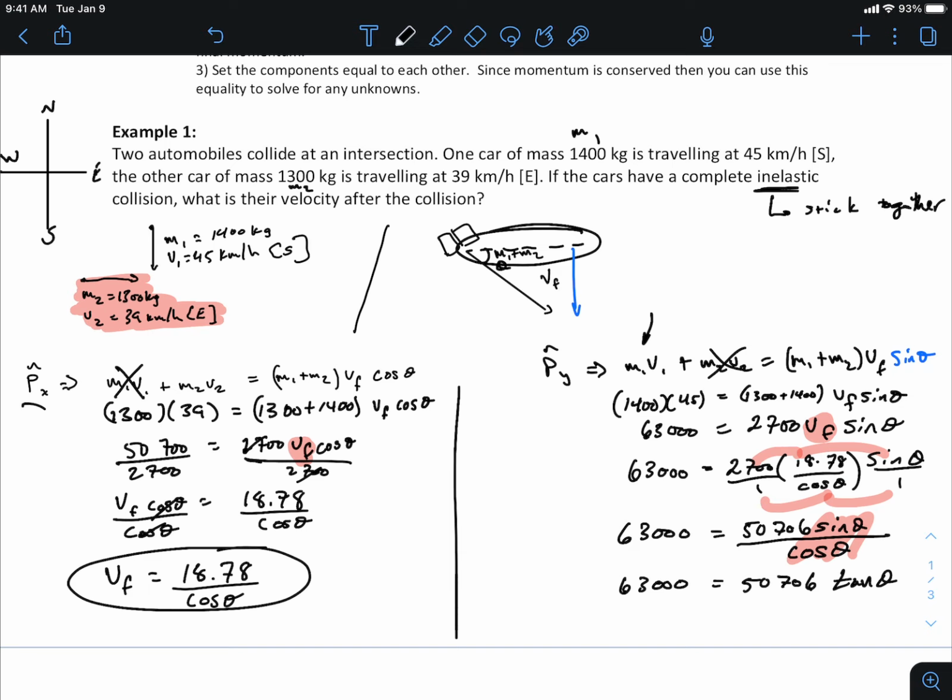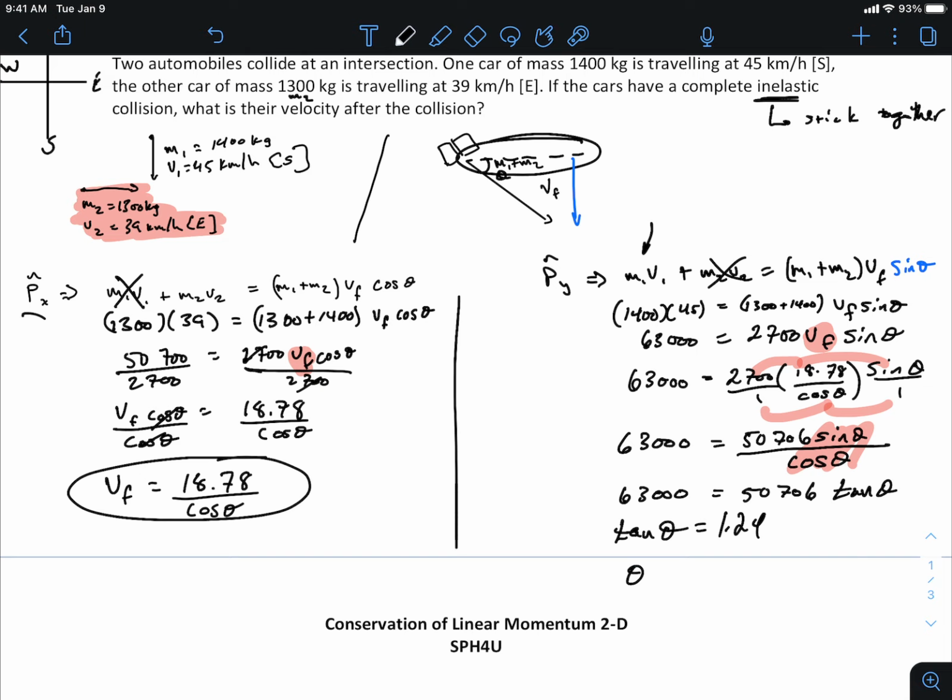And then we can say, okay, well, let's just divide both sides by the 50,706, and we'll see tan theta is equal to 63,000 divided by 50,706, which is 1.24. And so you're going to find that theta should equal, if we go inverse of that, 51.17 degrees. Okay, that's what theta is equal to.